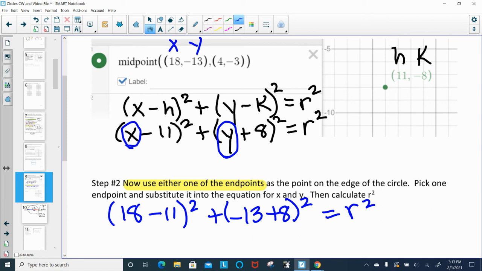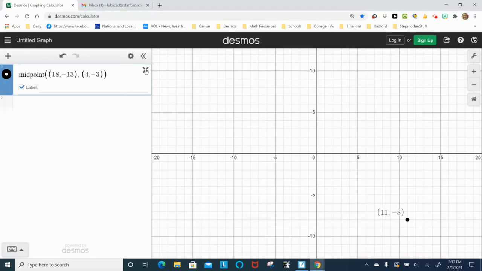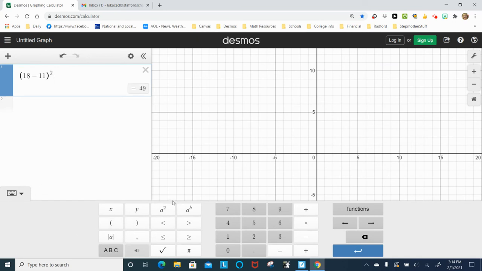So what I'm going to do in order to do this calculation, I mean, some of you can do it and square it and add it together, and that's no problem. But a lot of times people make mistakes when they square a negative number. So I'm just going to use my Desmos calculator. Let me find the squared button, plus, and then that'll be -13.